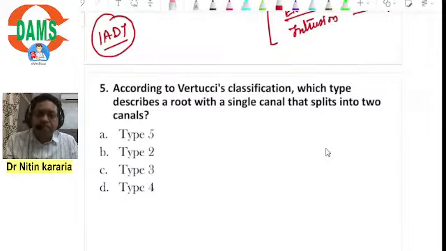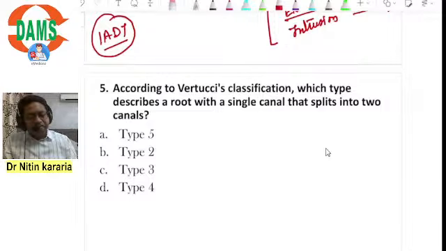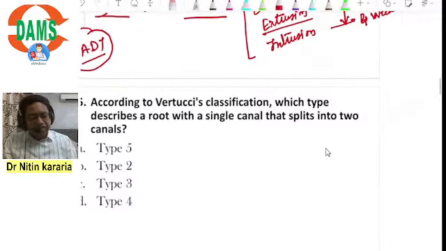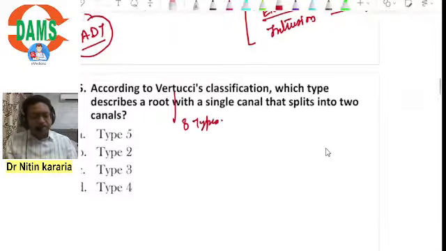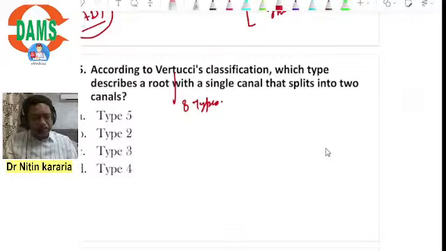It is a relatively simple thing. Vertucci's classification gives 8 types of configuration. And it is talking about a root with a single canal that divides into 2 canals.